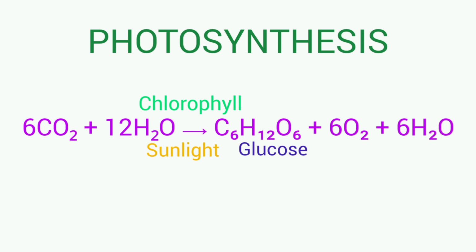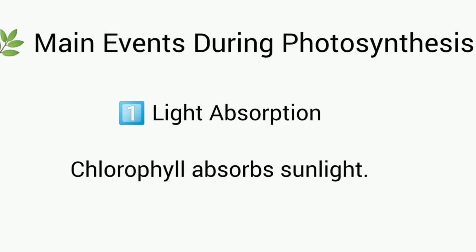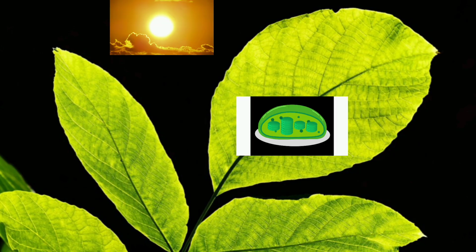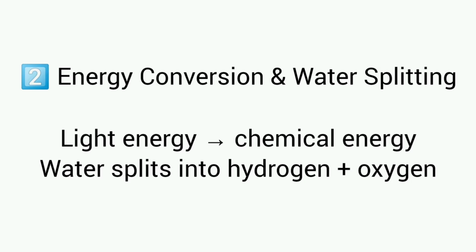And this amazing process takes place in three main steps. First step, absorption of light energy by chlorophyll. Chlorophyll is the green pigment in the leaves. It captures sunlight. The second step is conversion of light energy to chemical energy and splitting of water molecules, that is, conversion of energy and water splitting.